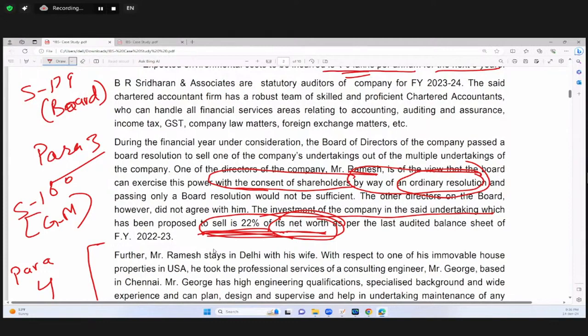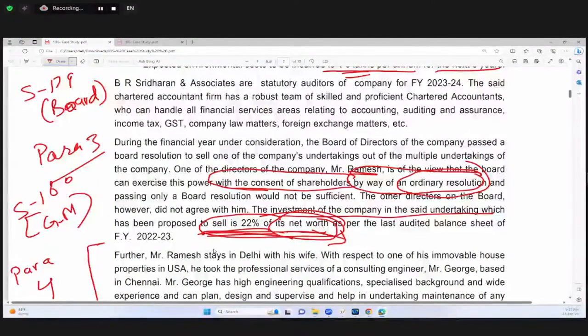Net worth means the aggregate of the paid up share capital, free reserves which are ready for distribution, and the securities premium account, from which we reduce accumulated losses, deferred expenditure, or miscellaneous expenditure. We have discussed the definition of net worth also, but that is not required. I just tell you for concept clarity what net worth is.